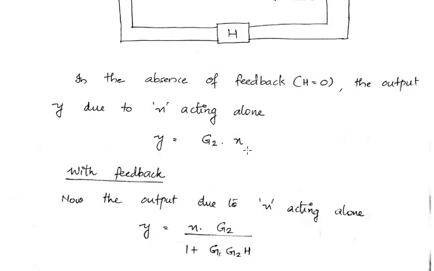So initially, without feedback, it was nG2, and now with the presence of feedback, y is equal to nG2 by 1 plus G1 G2 H. So the effect of noise has been reduced.